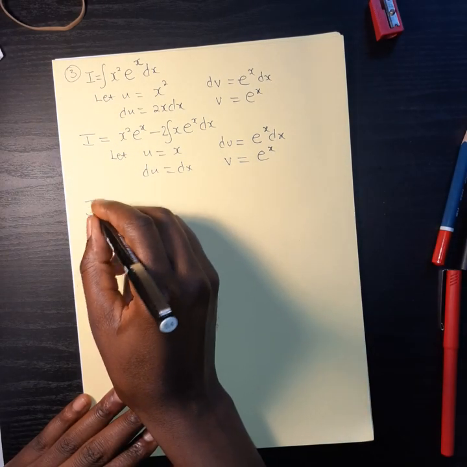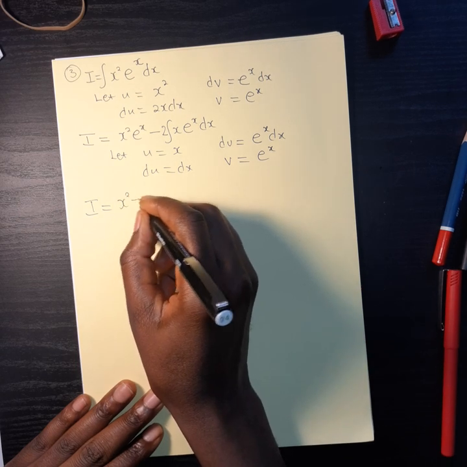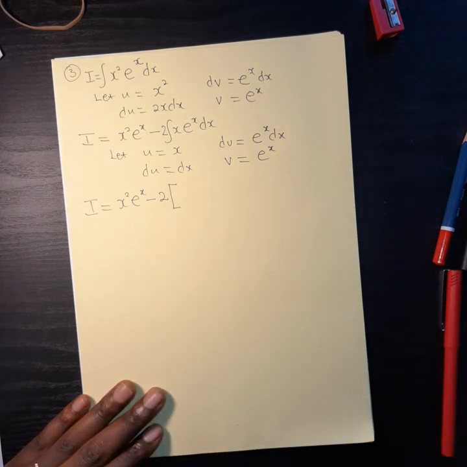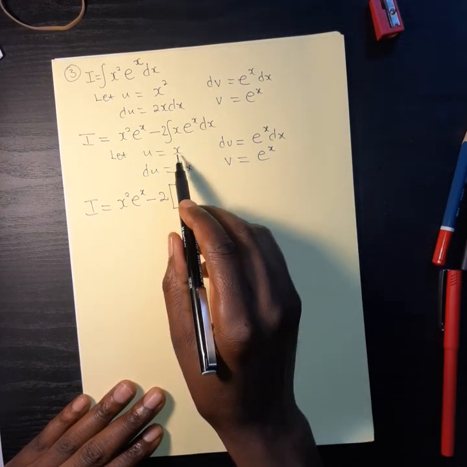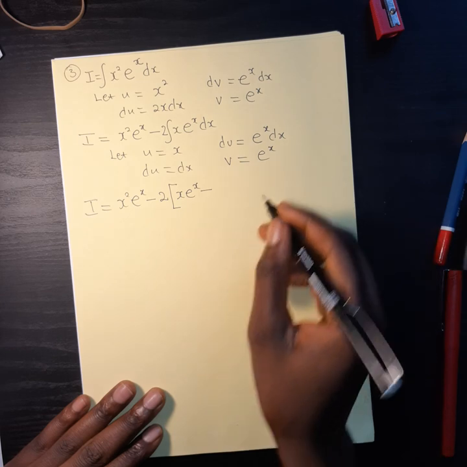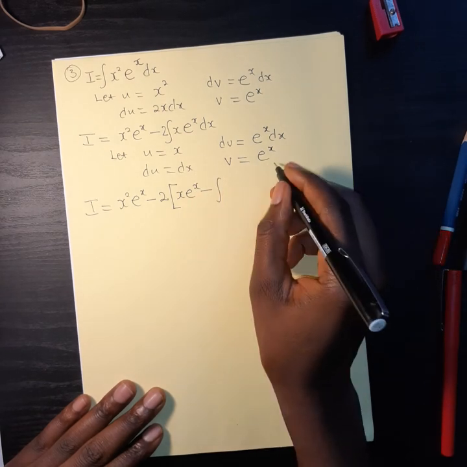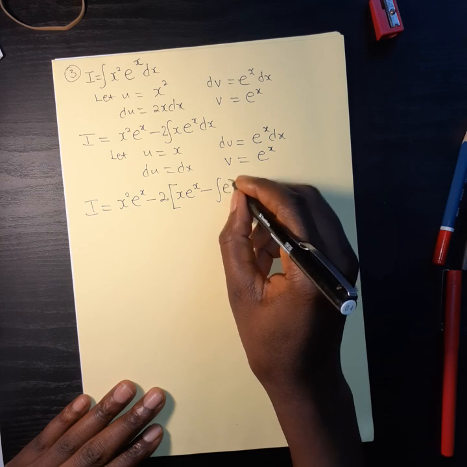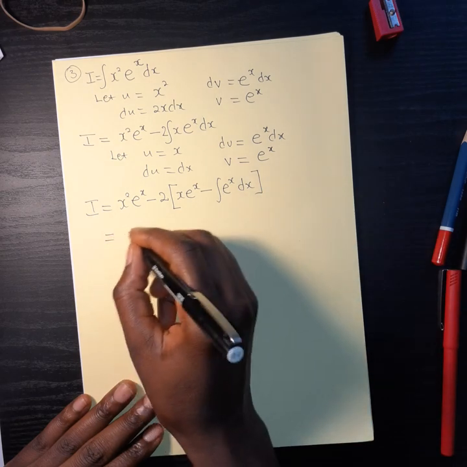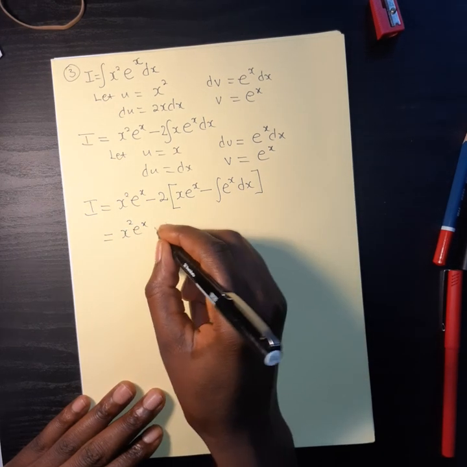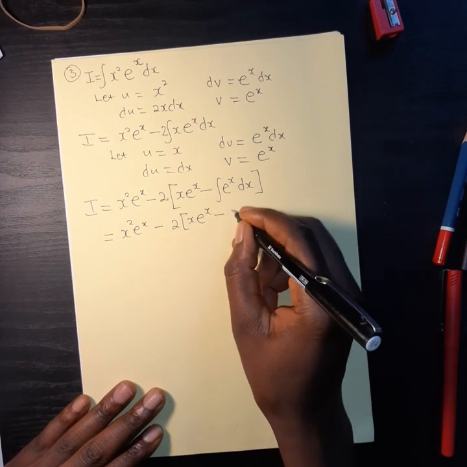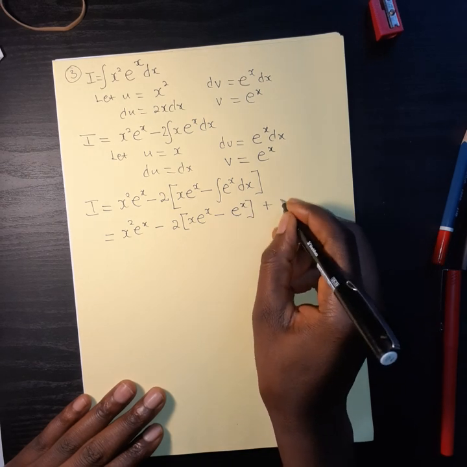So our I is equal to x squared e to the power of x minus our 2 there, open the bracket like this. Then we are interested in uv, which will be x e to the power of x, minus the integral of v du, which will be e to the power of x dx. And this is going to give us x squared e to the power of x minus 2 into x e to the power of x minus e to the power of x, plus c.